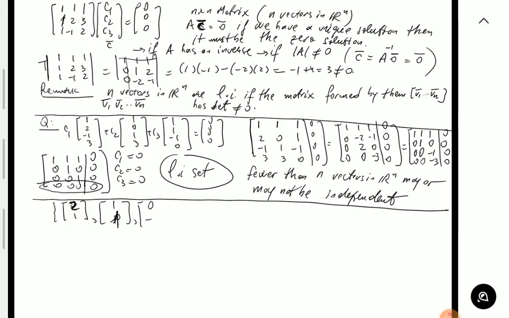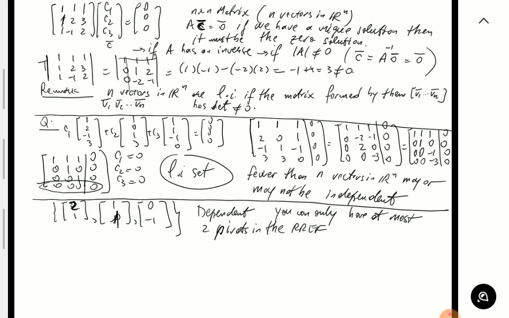And 0, minus 1. Well, I can already tell you that these will be dependent, because you can only have at most 2 pivots in the reduced row echelon form when you form your system.